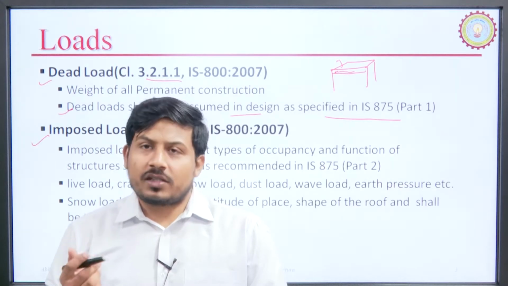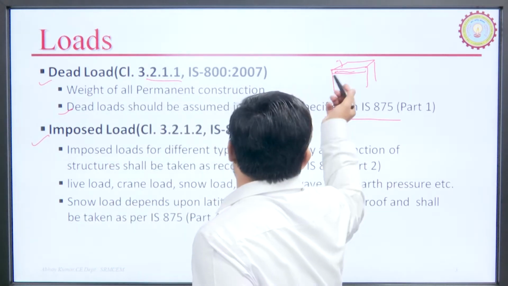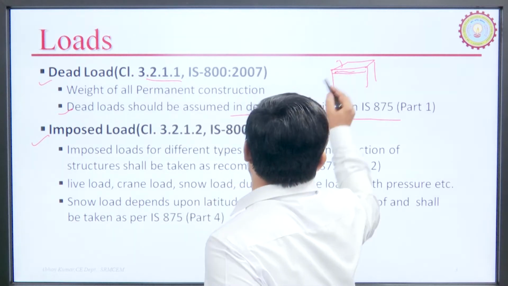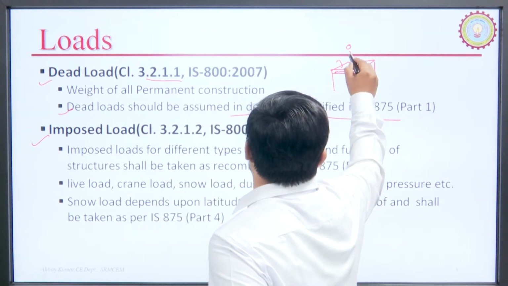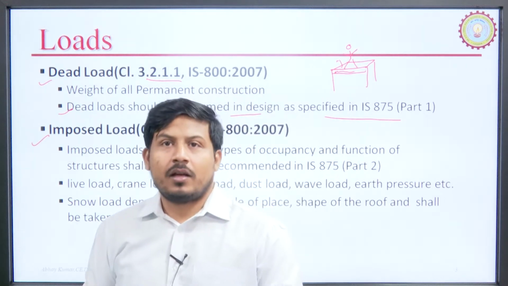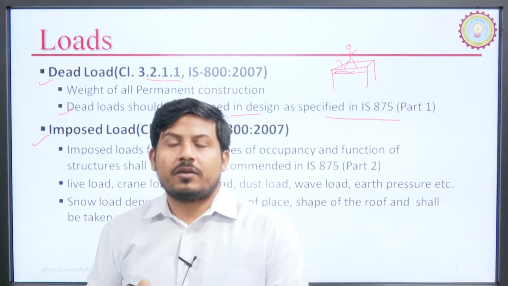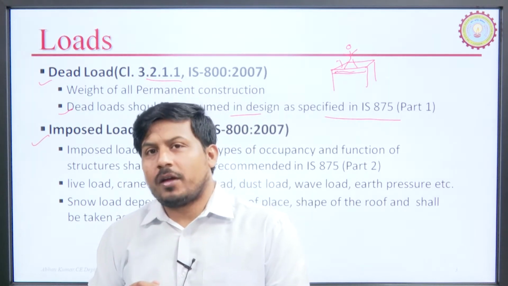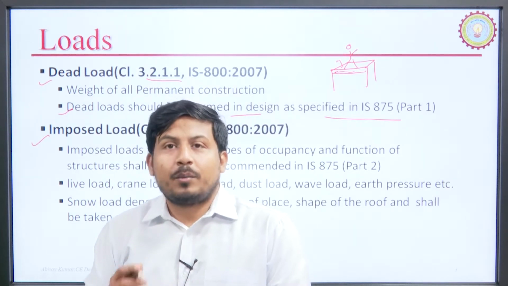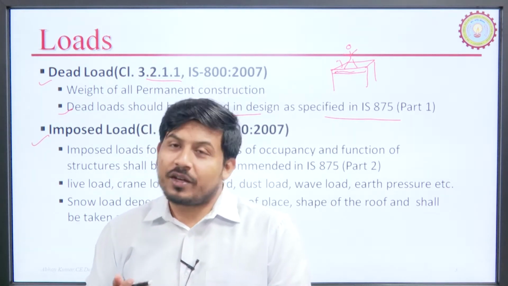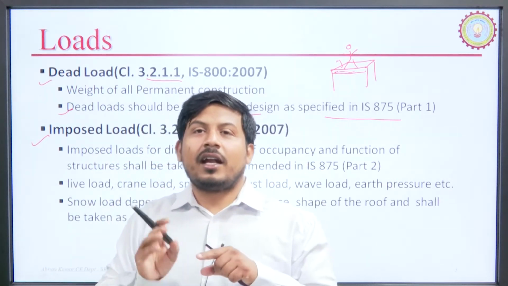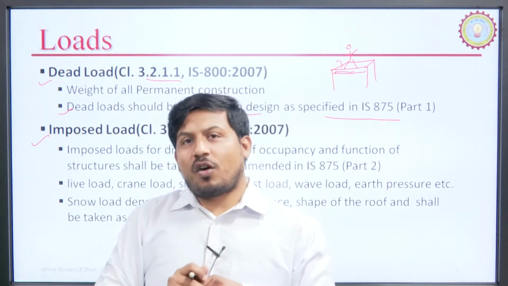For example, let us look at our same building again, and if there is a boy standing on this structure, then the weight of the boy will come under the imposed load. Some people say it is a live load. Imposed load is a bigger domain and live load is a subset of it.